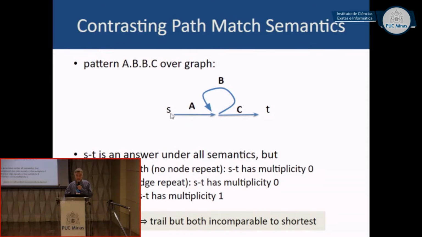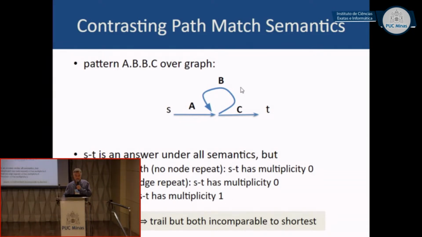Okay? And there is no simple path that follows 2 B labeled edges from S to T. I would have to enter the cycle. At that point, I would have to come out through the same node. Similarly, there is no trail either, because while I can go around this self loop once, I need another B edge, and I would have to repeat the traversal of this edge. And finally, the shortest does exist.